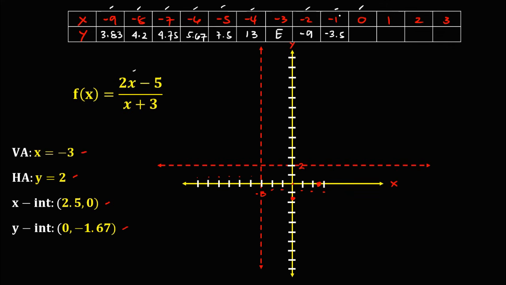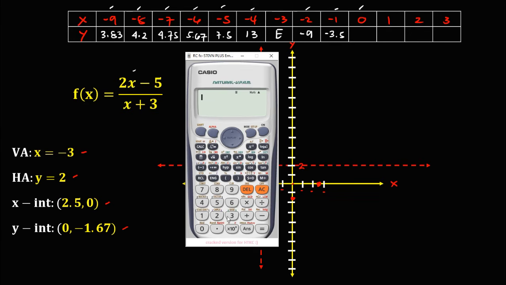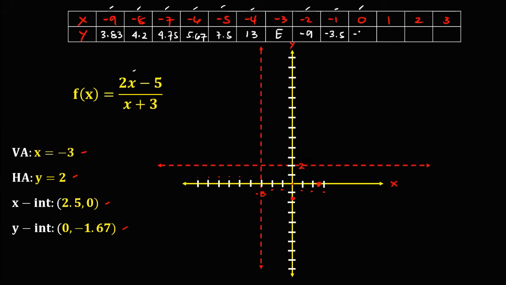Then for x equals 0, 2 times 0 equals, minus 5 equals, then divide. This one is positive 3. That's negative 1.67.